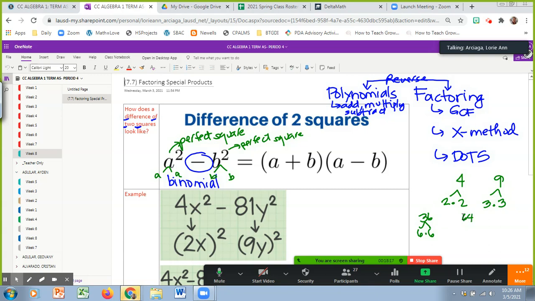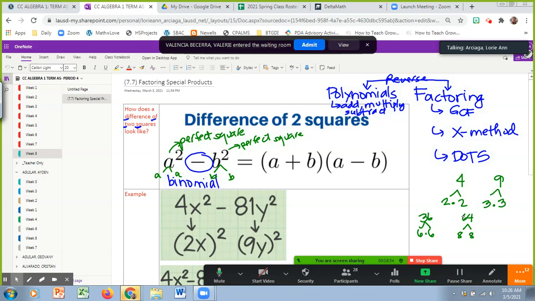64. Very good. 8 times 8, right? What else? Alright, but do you guys understand now what perfect squares mean? If you do understand what a perfect square is, can you type perfect square in the chat pod?